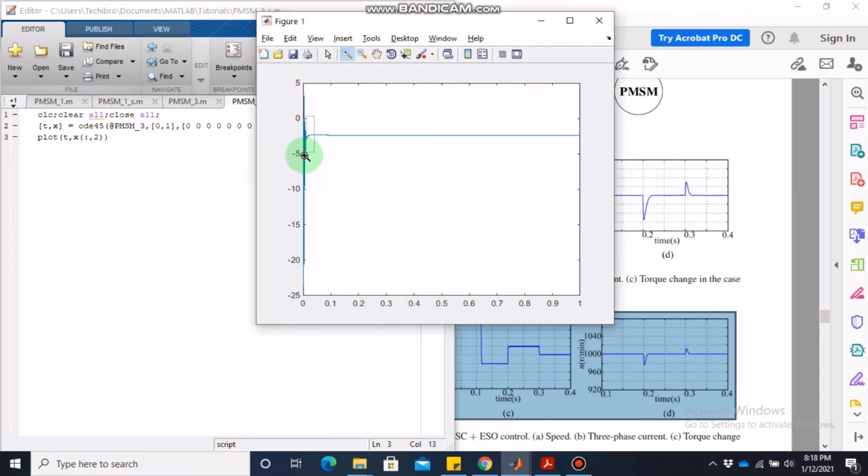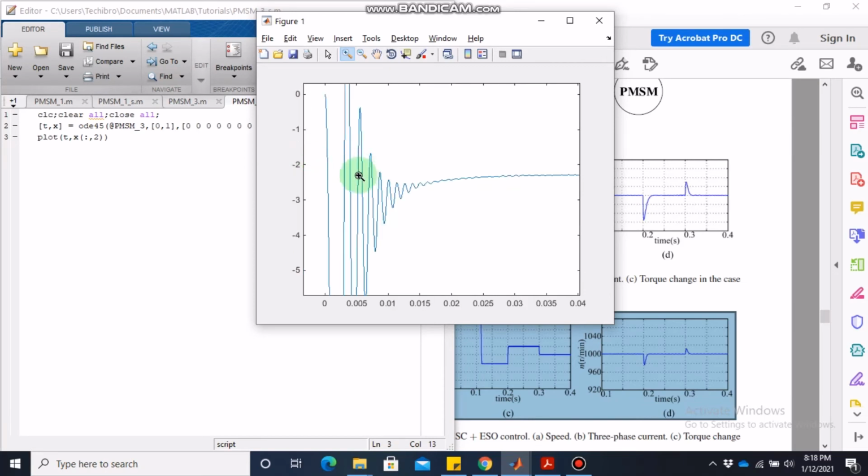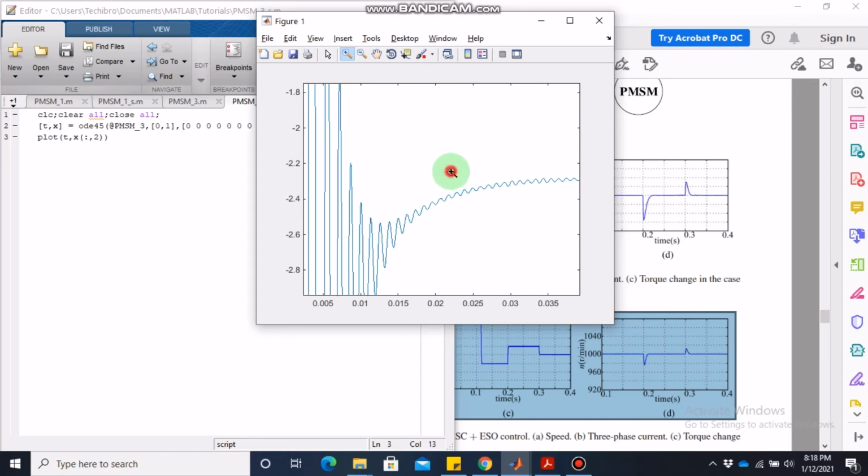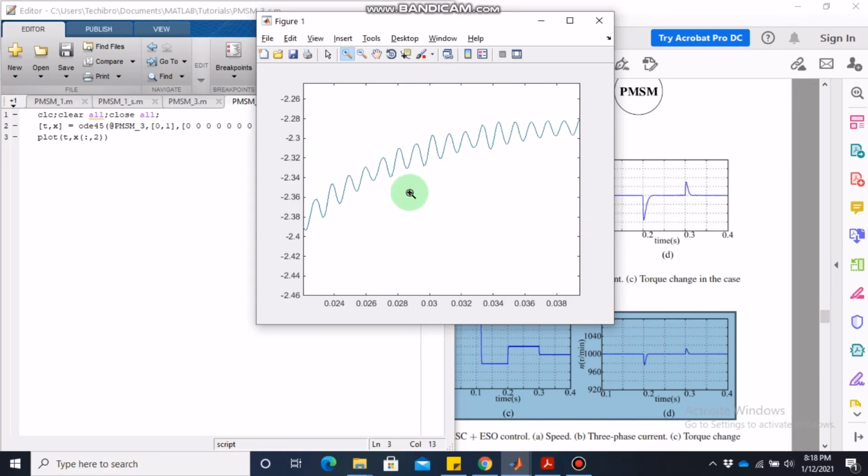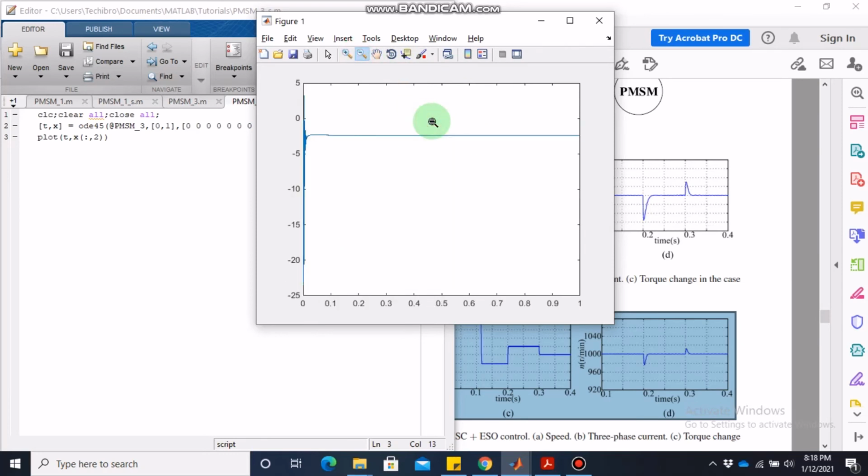You can see some large fluctuations initially and then smaller fluctuations later on, and overall it almost settles to, what value is this, okay, minus 2.383. So it's fluctuating around about minus 2.383.